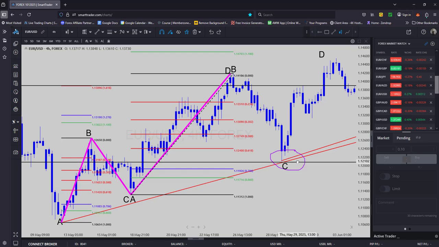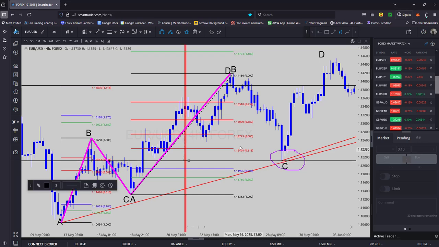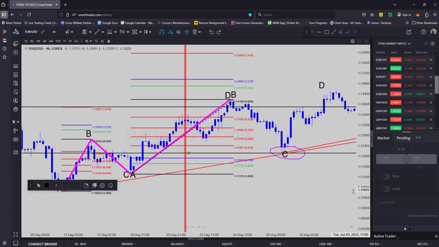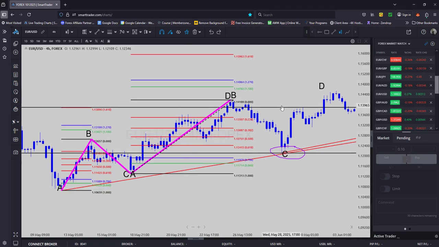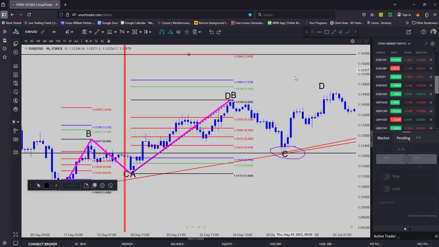First point that it touches is C, which is here. Again, 618, it didn't quite come to the 786. So that means our D extension that we'd be looking at would be at this level here.